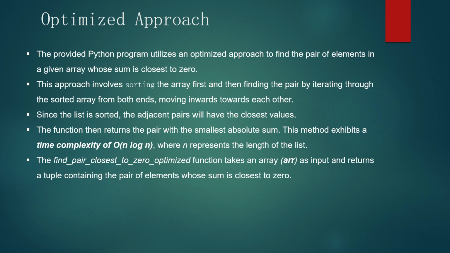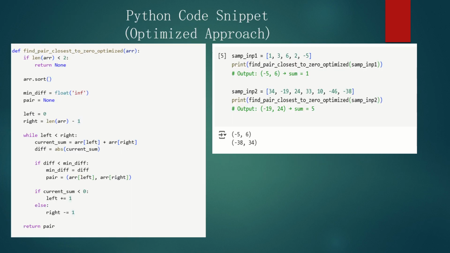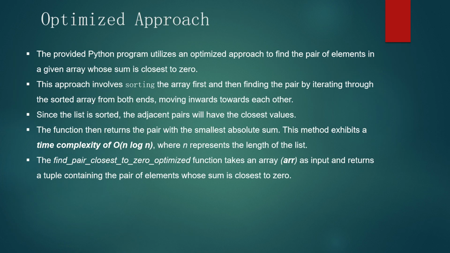Since the list is sorted, the adjacent pair will have the closest value. The function then returns the pair with the smallest absolute sum. This method exhibits a time complexity of O(n log n), where n represents the length of the list.